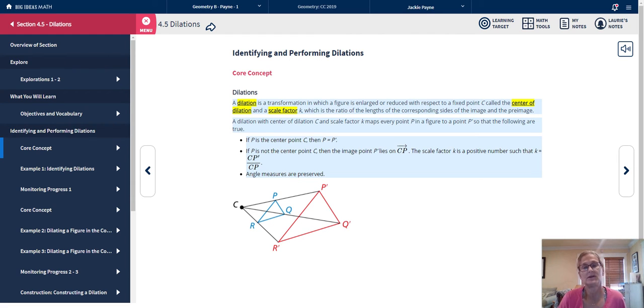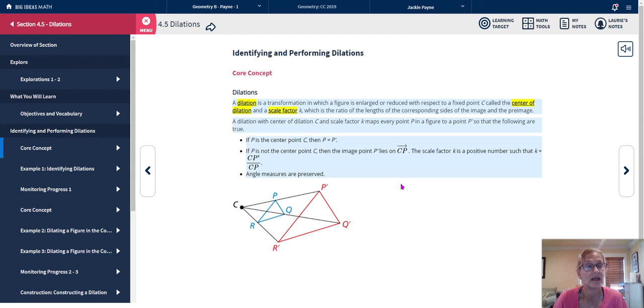So a dilation with center of dilation C and scale factor K maps every point P in a figure to a point P prime so that the following are true. If P is the center point C, then P equals P prime. That means there's no dilation if they're the same thing. If P is not the center point C, then the image P prime lies on ray CP, so from C going through P. You can see it there.